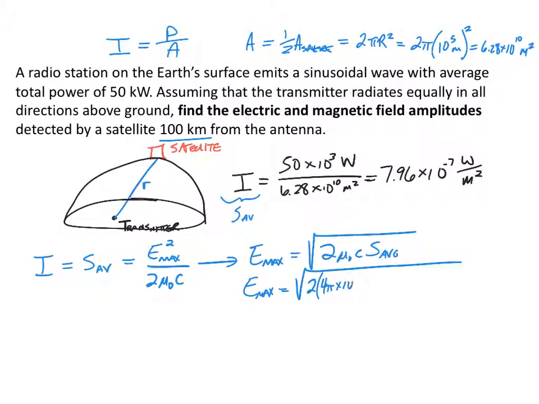4 pi times 10 to the minus 7 and a bunch of units, 3 times 10 to the 8th meters per second. I'll leave the units out since I'm running out of space here. And then this number we just obtained above, and 3 times 10 to the 8, yes, the speed of light.